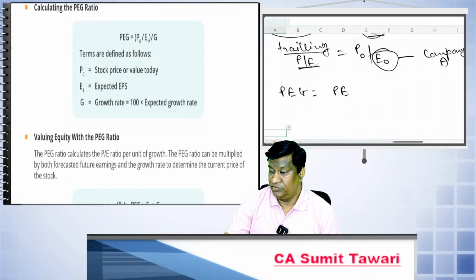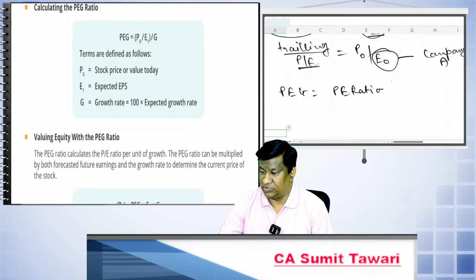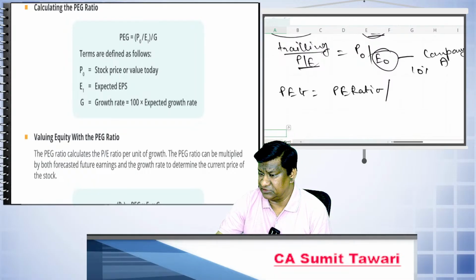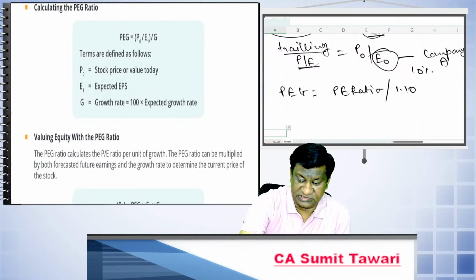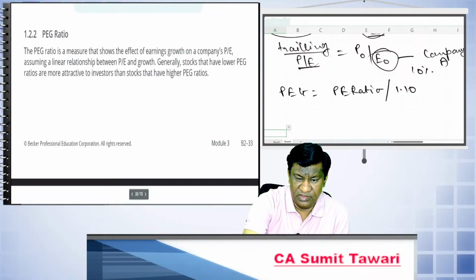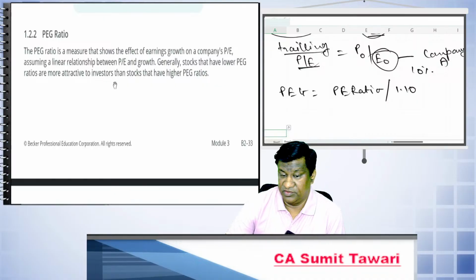PEG equals PE ratio divided by growth rate. So say my growth rate is 10%, then it is 1.10. What the statement says is that stocks with lower PEG ratios are more attractive.